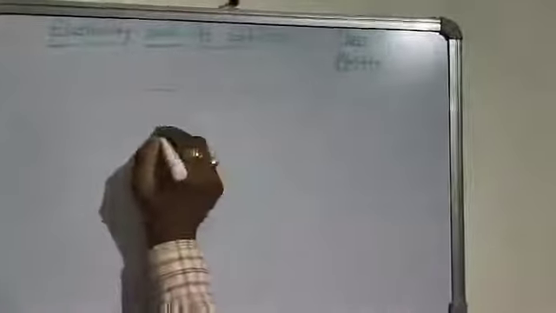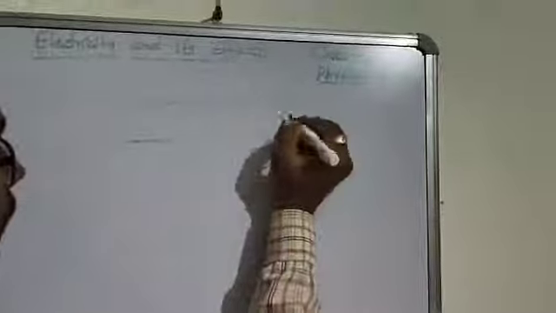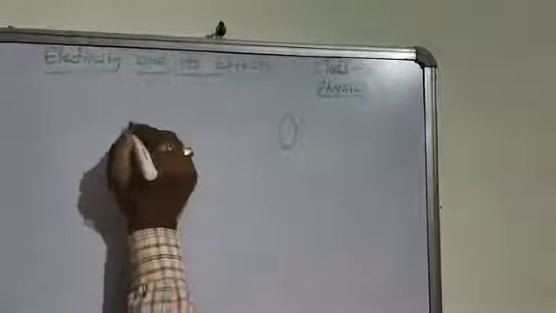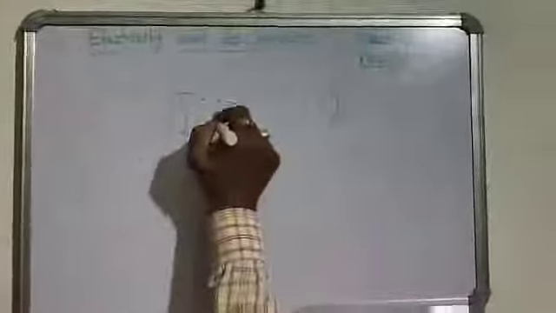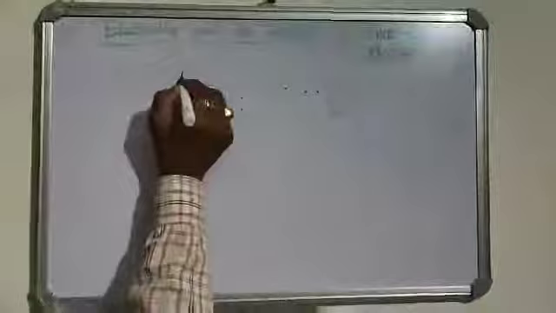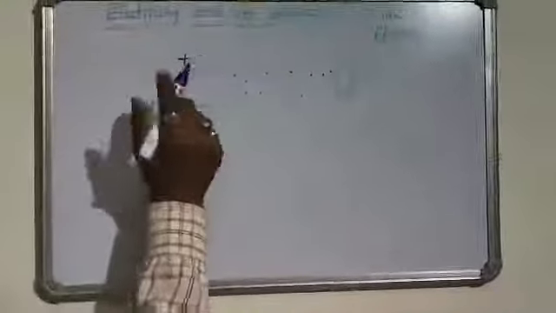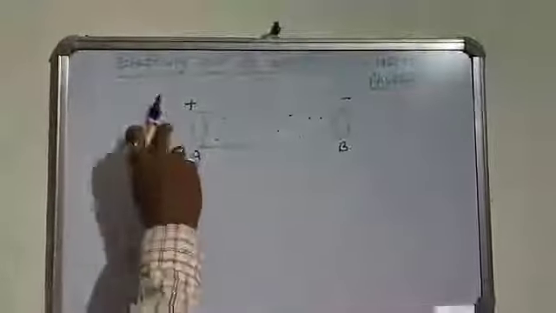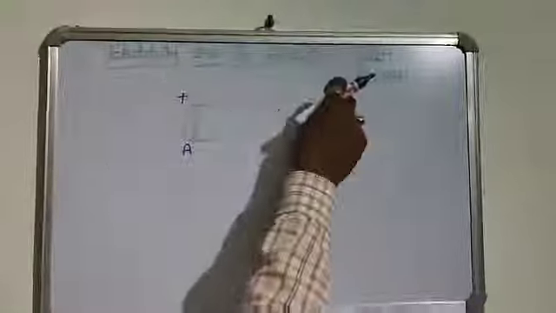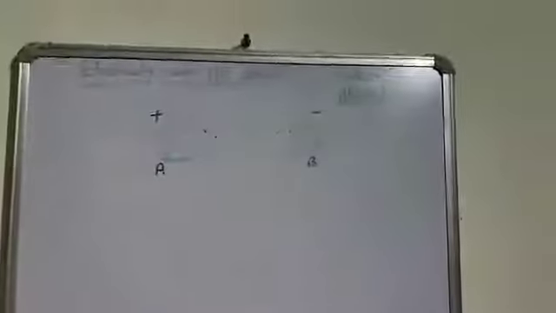So current is defined as the flow of... Suppose this is a piece of wire, this is a magnified form of wire, and in the wire there are so many free electrons. When we apply the potential difference, this end of the wire is positive and this end of the wire is negative. So the potential difference develops between the two ends.